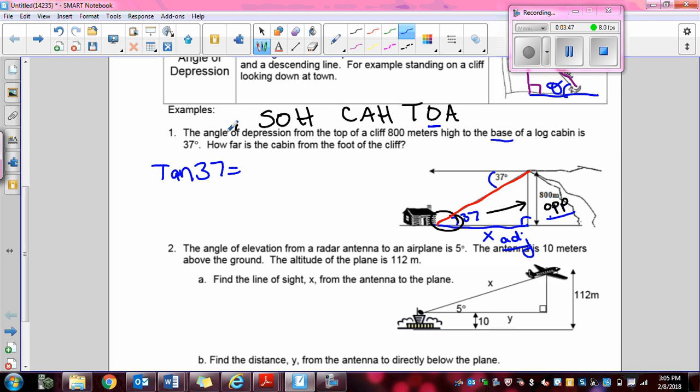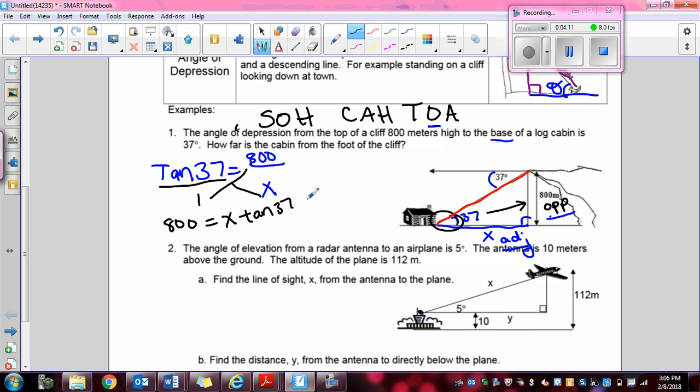Our opposite side is 800, divided by adjacent, and our adjacent side is x. Remember, we always put our trig function over 1. We cross multiply. 1 times 800 is 800. Equal sign. x times tangent of 37 is just x tangent of 37.